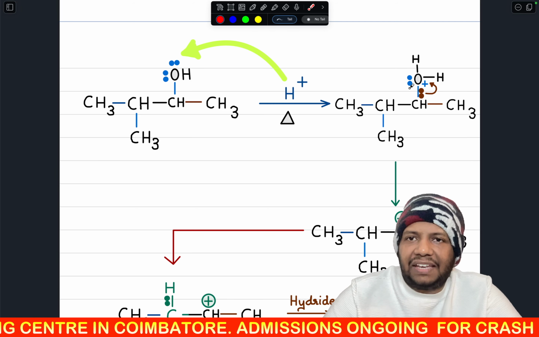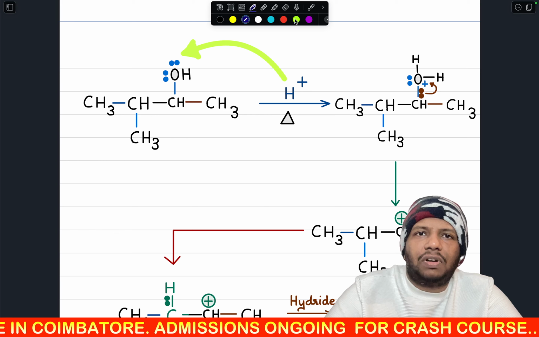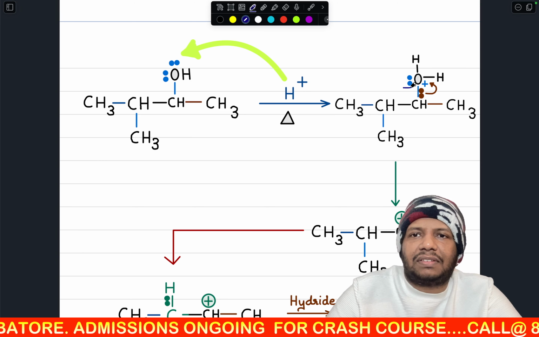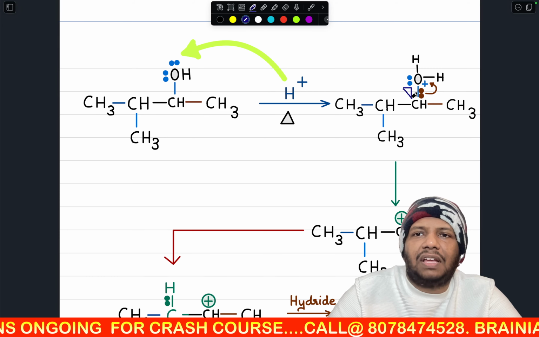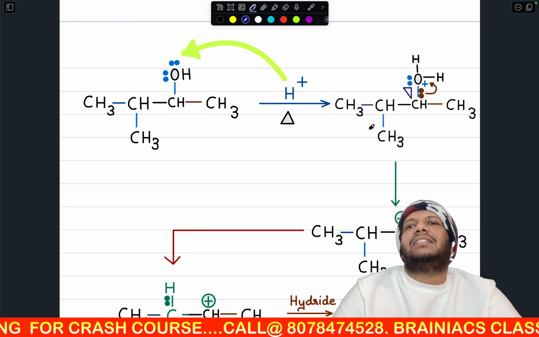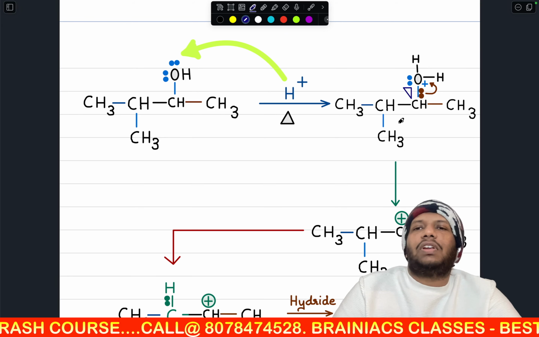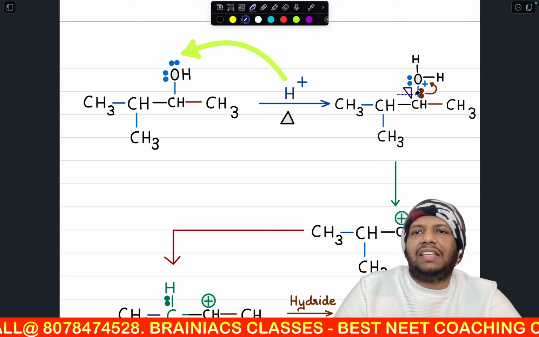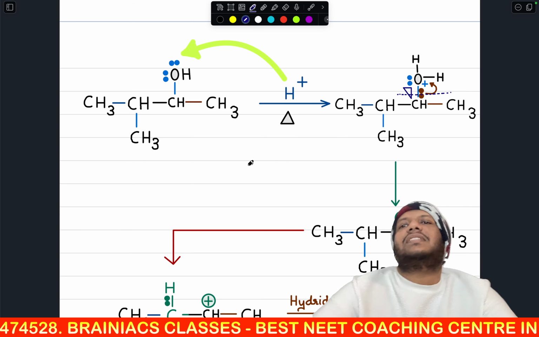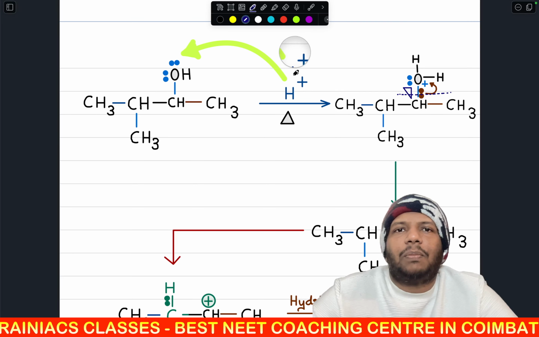Because of that, I can say the bond strength would become like this. You can see here, I'm drawing it for your understanding. The electron density is more near the oxygen and the bond is like a wedge shape. So this can easily undergo breakage like this. Okay, I hope it is clear for you.